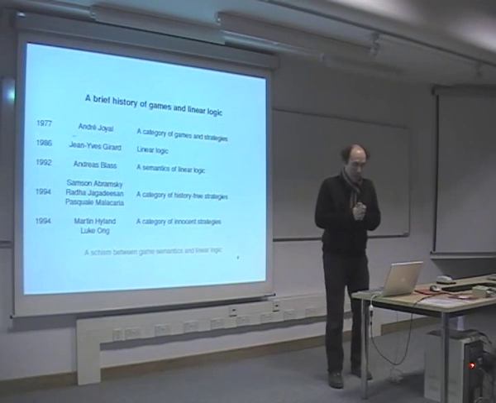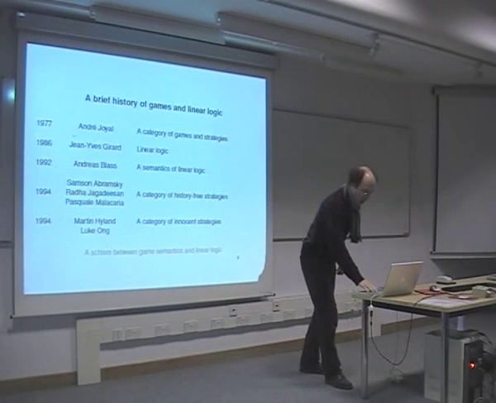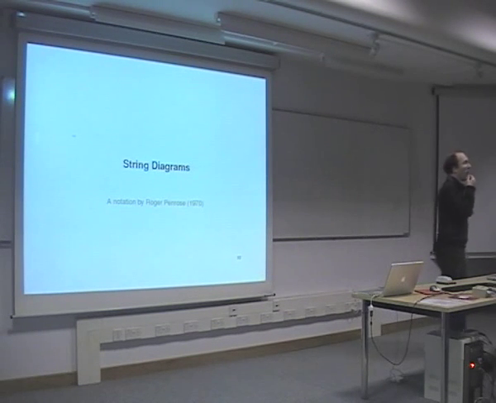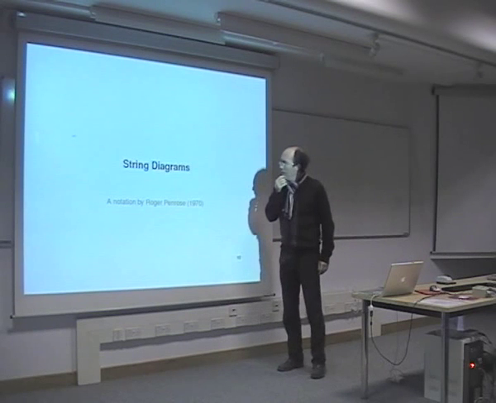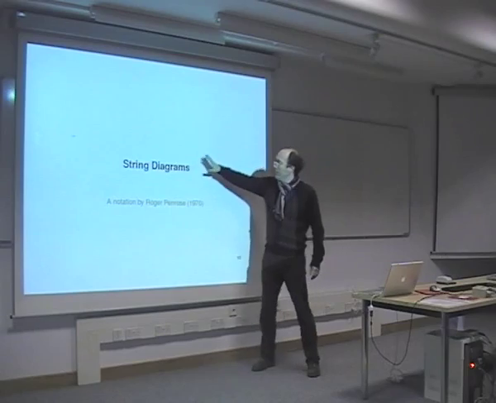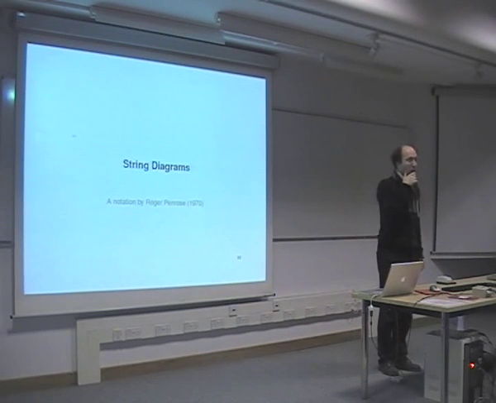But on the other hand, it's important that we have a logical view on game semantics. So that's the one I will try to develop here. But really, the starting point of this analysis of games is topology, and in particular the topology of knots. So what I will explain is that game semantics may be seen as some kind of refinement of knot theory, if you like.